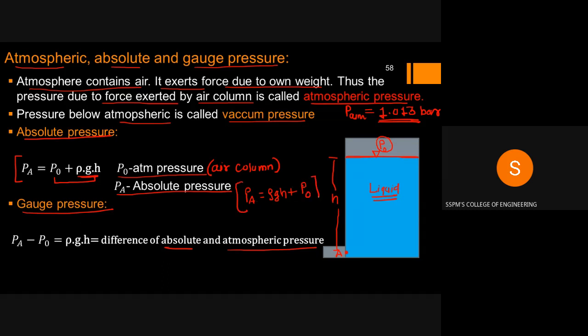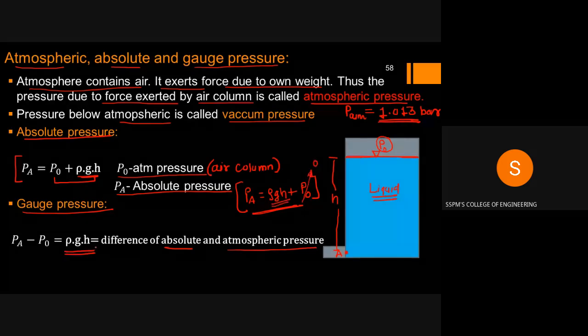So this addition is nothing but the absolute pressure at the point A. So gauge pressure is nothing but rho gh. So you should remember this difference between the gauge pressure and the absolute pressure. Absolute pressure means atmospheric pressure plus gauge pressure.